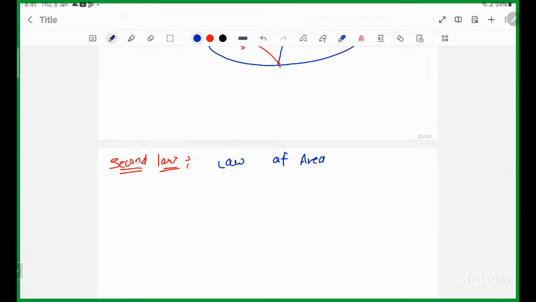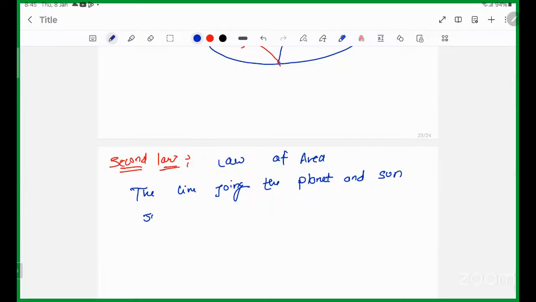In this law of area, the line joining the planet and the sun sweeps out equal area in equal interval of time.